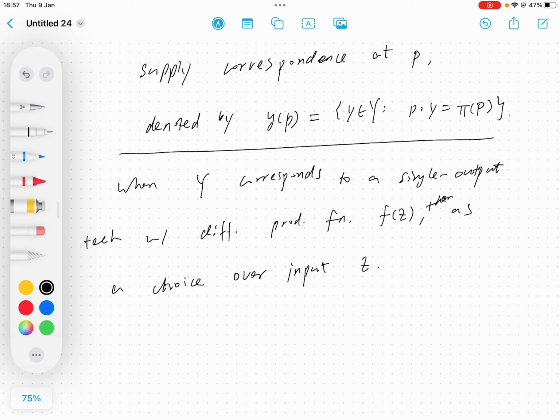Okay, so this would be a special case, right? That would be just a single output technology.